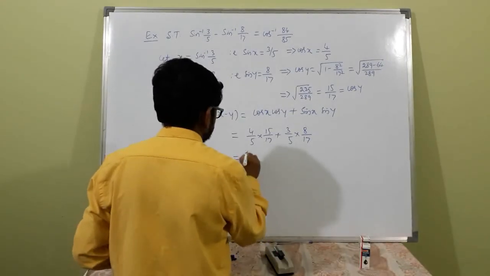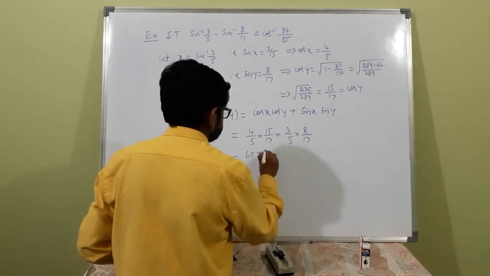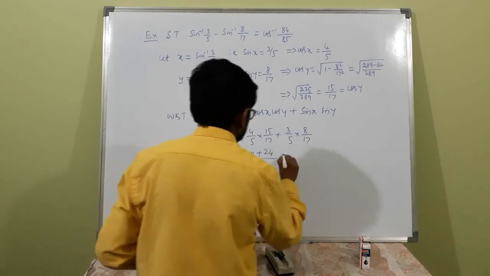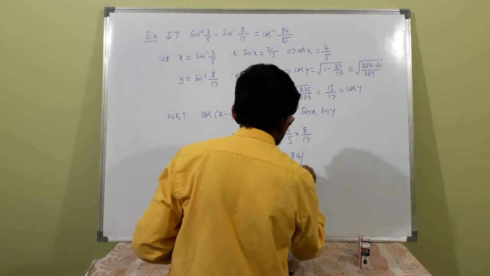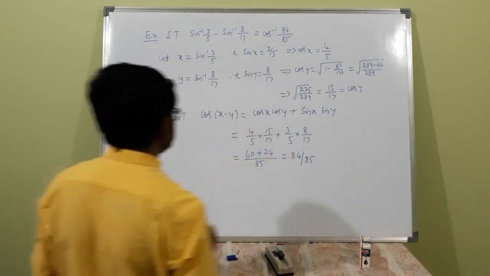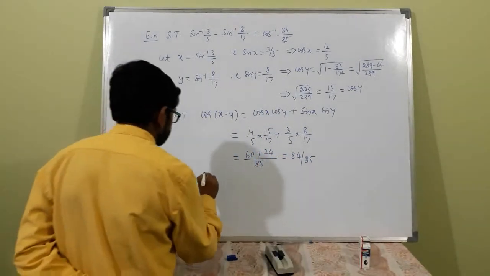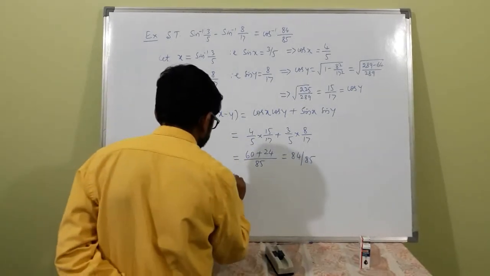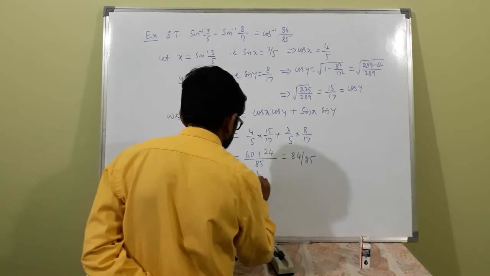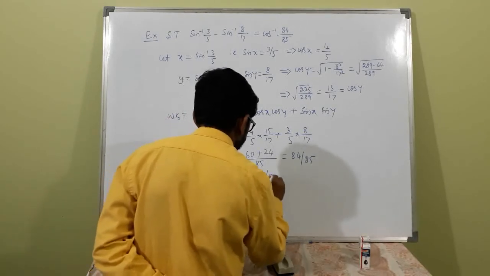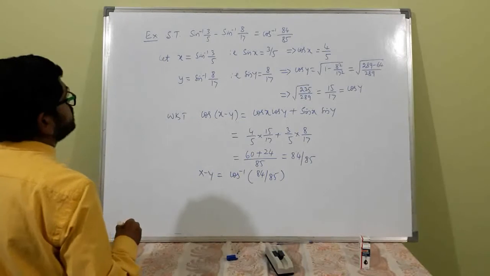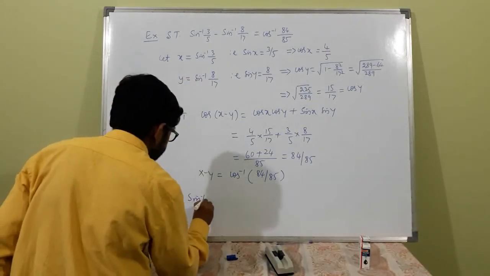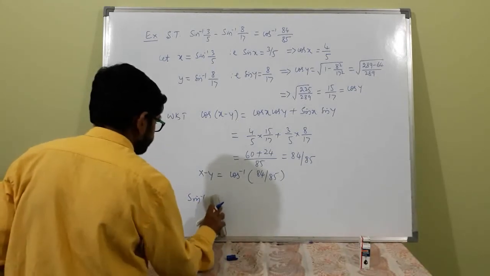So 60 plus 24 divided by 85, this is 84 by 85. Now x minus y is equal to cos inverse of 84 by 85. What is x? x is sin inverse 3 by 5.